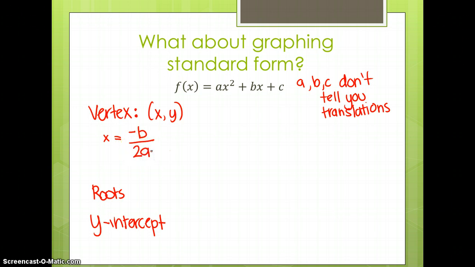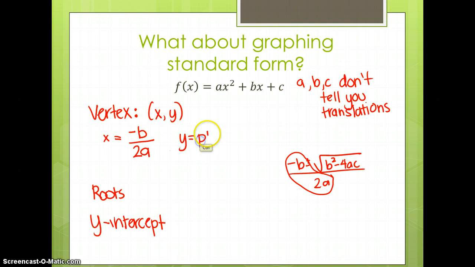If you think about the quadratic formula, negative b plus or minus square root of b squared minus 4ac over 2a, it's kind of like it's just the beginning portion of the quadratic formula. So find the x-coordinate using negative b over 2a, and then to find the y, you plug in that x value to the equation to figure out what the vertex is.